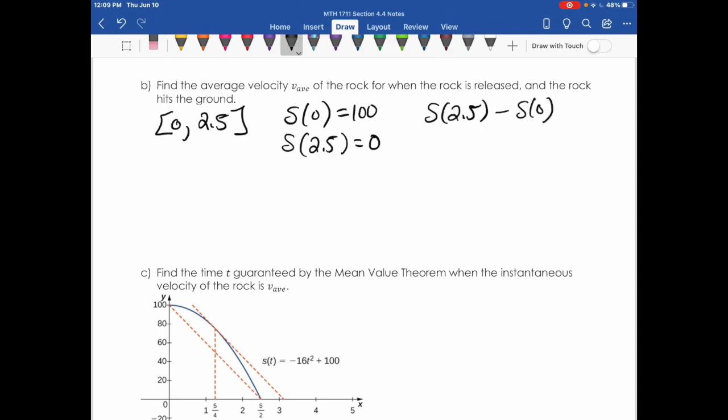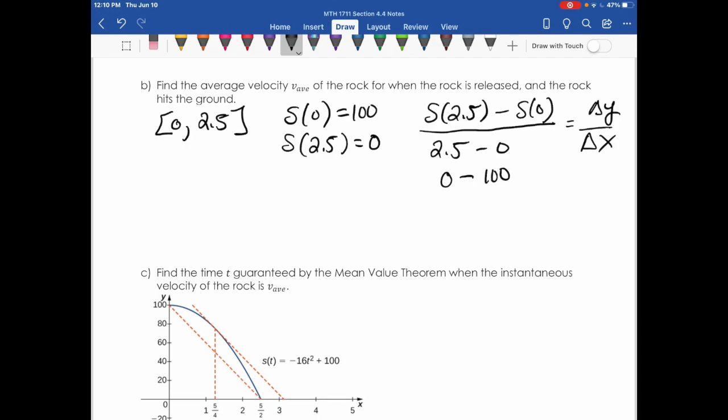So I'm going to find s of 2.5, that's my corresponding y value, minus s of 0, that's going to be my change in y, over 2.5 minus 0. And when I take 2.5 minus 0, that's going to give me my change in x.